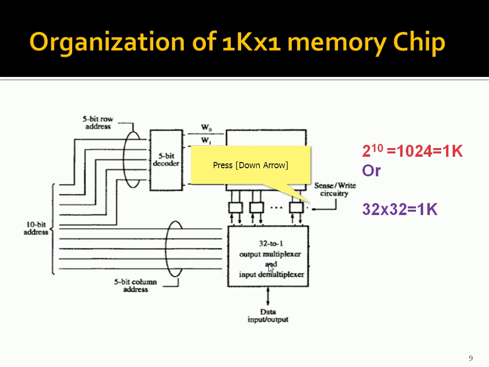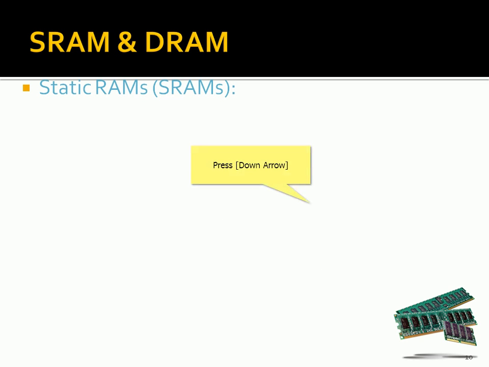Then 10 plus 8 plus 2, so 20 pins will be required to organize a memory chip of 1K into 8. For 1K into 1, just 10 plus 1 plus 2, 13 pins are essential, right? So I hope the concept of organization of 1K into 1 bit memory is clear. Of course, chip selection, read and write signals will be there.